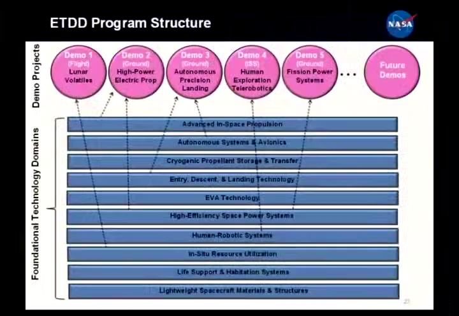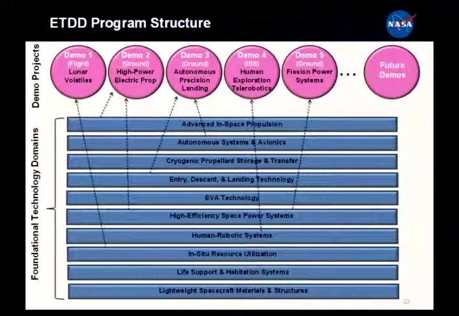How do these overlay with the 5? And I think that was what you were just addressing in the different levels. I think the best way to describe that, again, is back to this structure chart. But the 10 foundational domains underlie the demonstration projects. Demonstration projects come and go. They only last a couple of years. They have very specific objectives, and then we start new demonstration projects as the need arises.